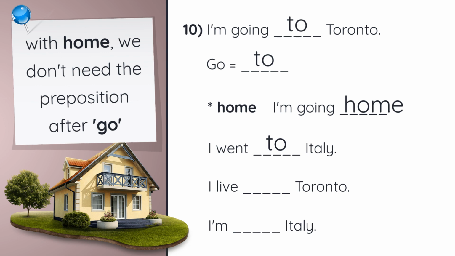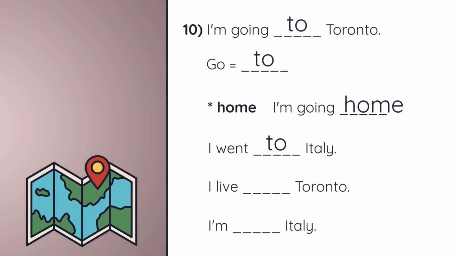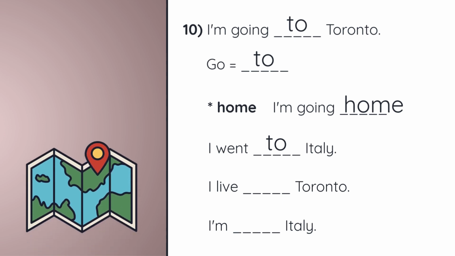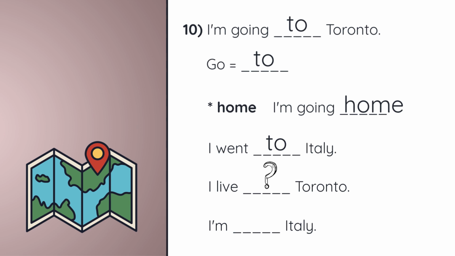Okay? So now let's look at another final example of when we are talking about places and prepositions. If we are talking about being in a place, like a city or a country, for example, I have here the verb live. What preposition comes after this? I live in Toronto. I'm going to Toronto.